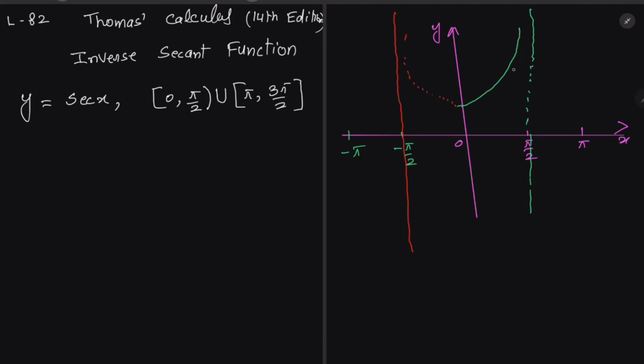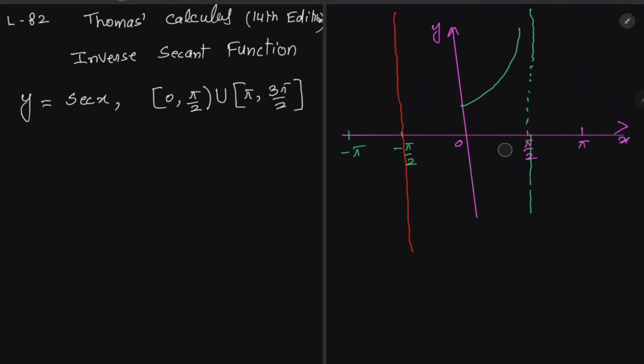This is just a rough graph, and you can see that it does not pass the horizontal line test since it passes through 2 points. So we have to remove one branch. I remove this branch from the domain, and we consider only 0 to pi by 2.